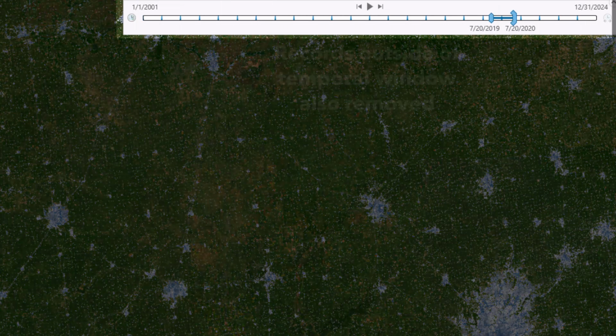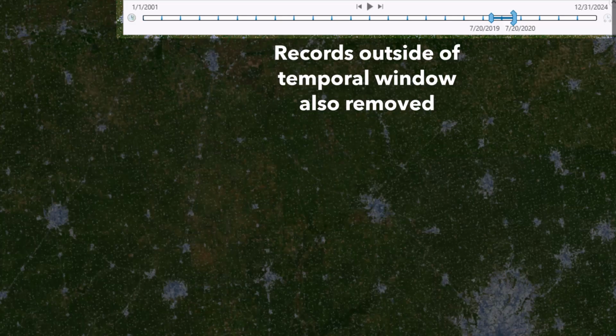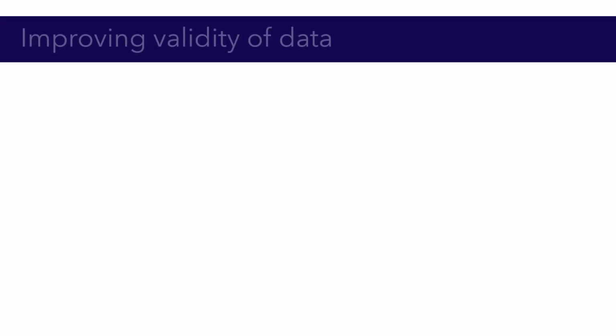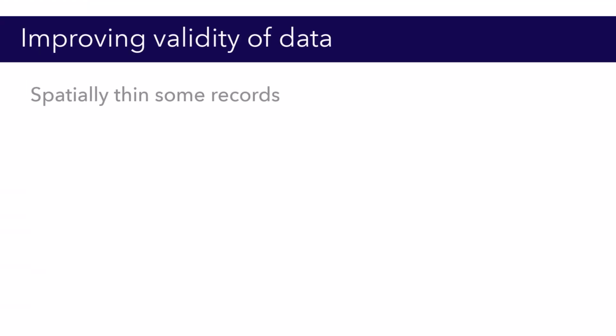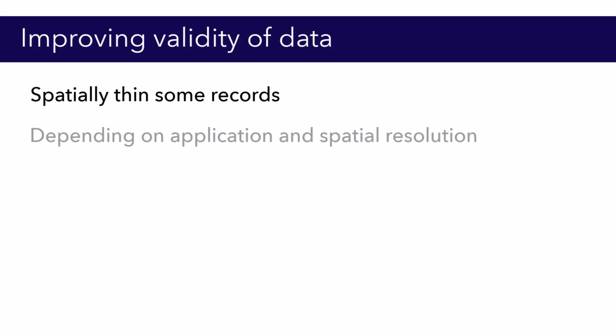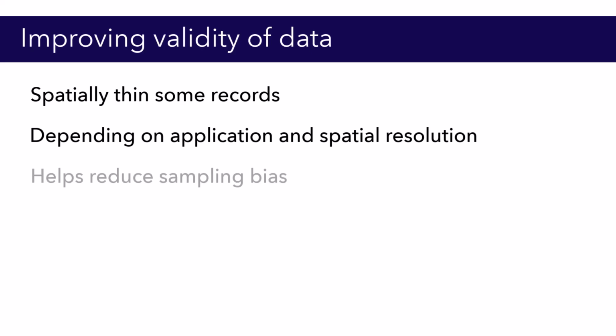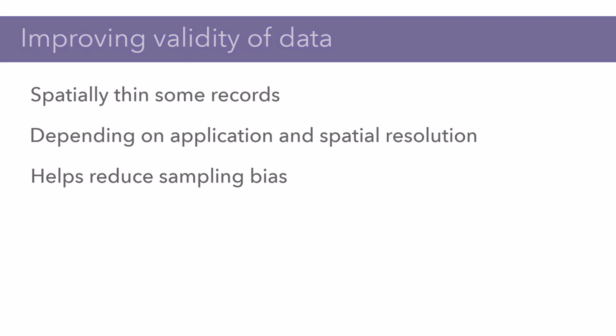Records outside the temporal window of other data sets that might be used for modeling are also sometimes removed. Lastly, sometimes records may need to be spatially thinned depending on the intended application and the spatial resolution of any other data sets used for modeling. Spatial thinning can reduce some of the sampling bias discussed previously.